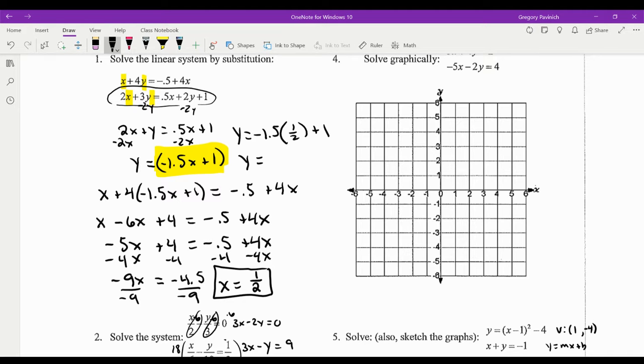I'm going to add 1, and I get, turn that back to a fraction, and I get 1/4. And then together, right, these are the inputs and outputs that work for both linear equations. So I want to write that as a solution point, which is, I'm about to write it backward, well, no, 1/2, comma, 1/4.